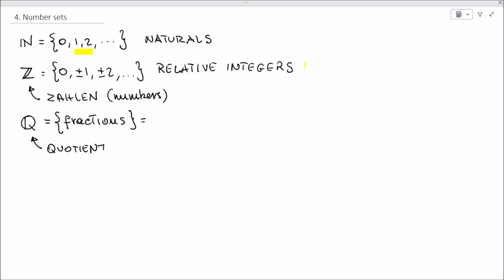And this set of fractions can be further specified as n divided by m, such that n belongs to Z and m belongs to Z minus 0. So this is the set of the rationals.